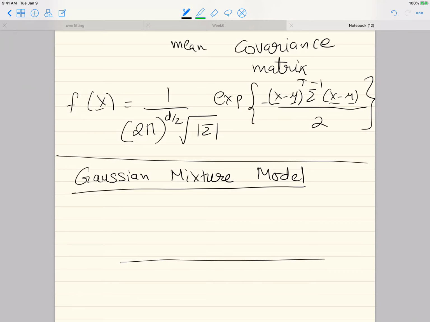Imagine that your data set looks like this. Then you want to intuitively say that this is arising from three Gaussians. One that explains this cluster of points, one that explains this cluster, and one that explains this cluster.